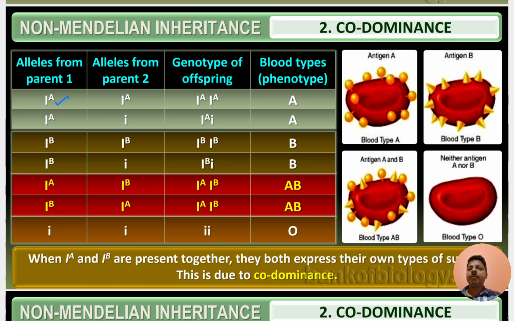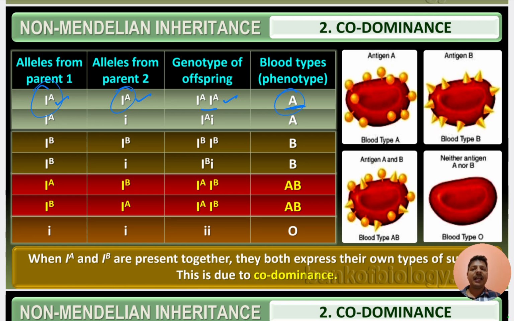Allele from parent 1, the first parent either father or mother. Here the second parent, again father or mother. The genotype will be like this. If the father has this type of blood group, the mother also this type, then the blood group will be this one.